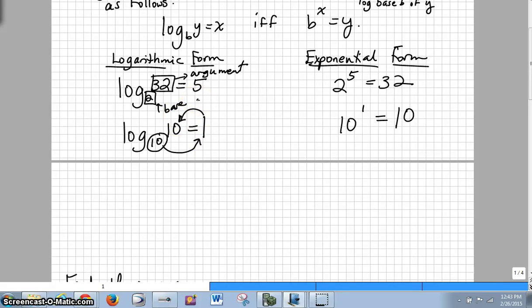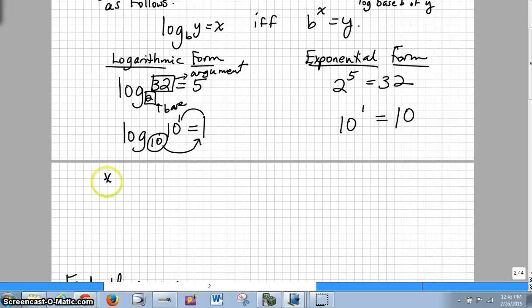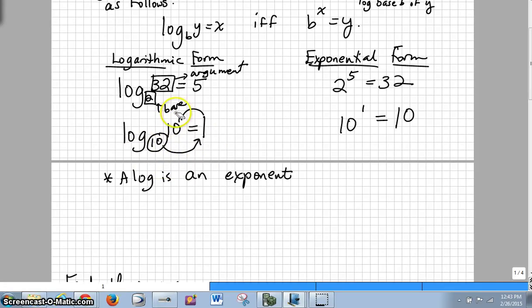So a logarithm, notice the logarithm is equal to the exponent. So what is a logarithm? A logarithm is an exponent. It's a way to express an exponent. 10 to the 1st power equals 10. Notice the logarithm, log base 10 of 10, is equal to 1. Okay.